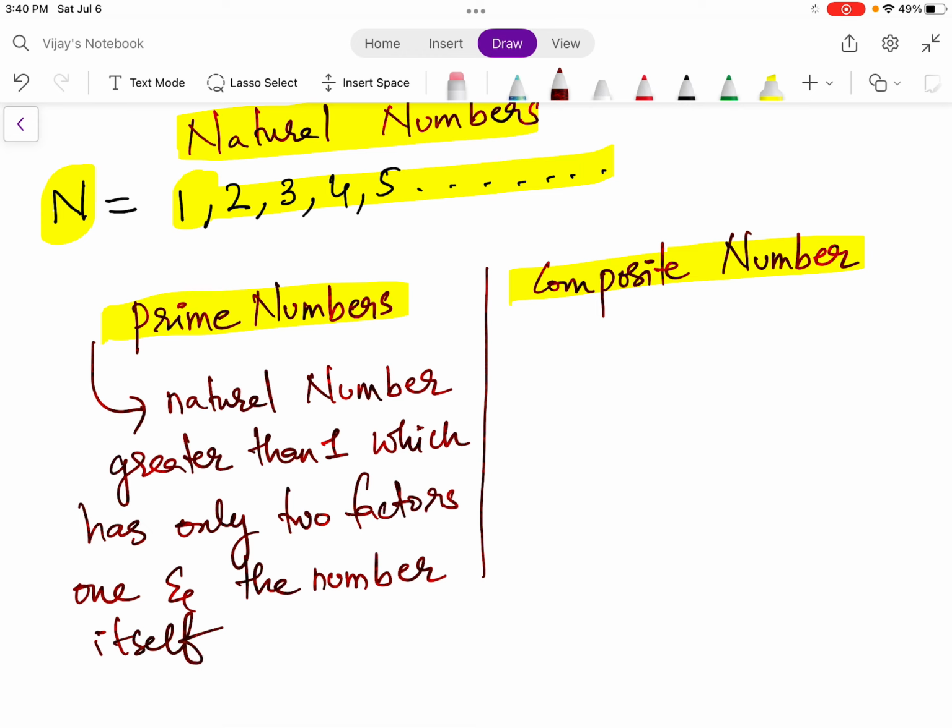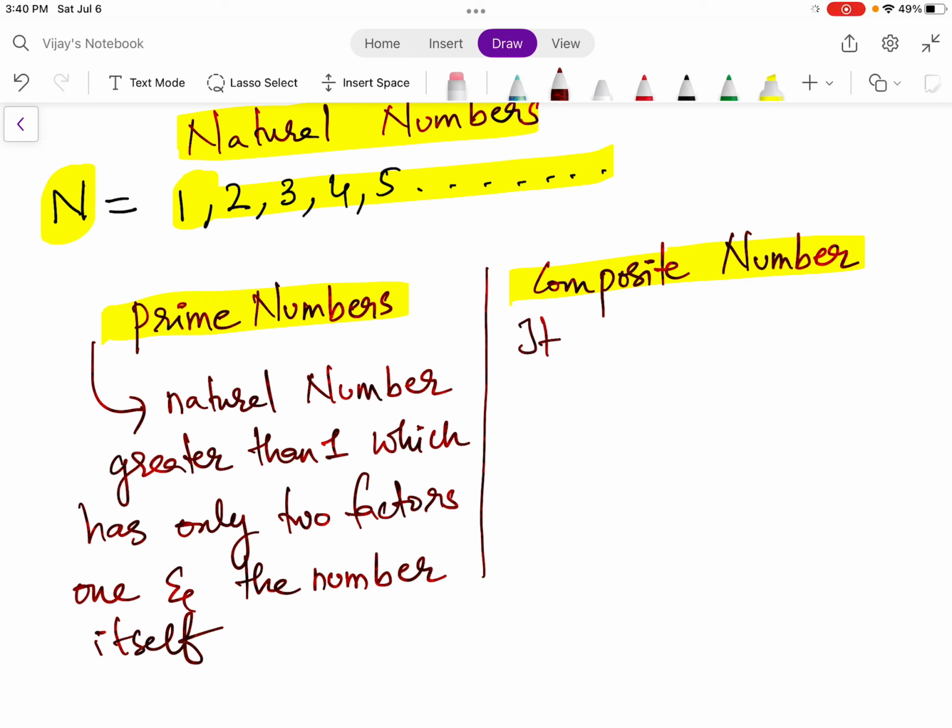Now I will decode this definition for you, but let me first put down the definition of a composite number also. A composite number is also a positive integer, or we can say it is also a natural number, and it has at least one factor other than 1 and itself.